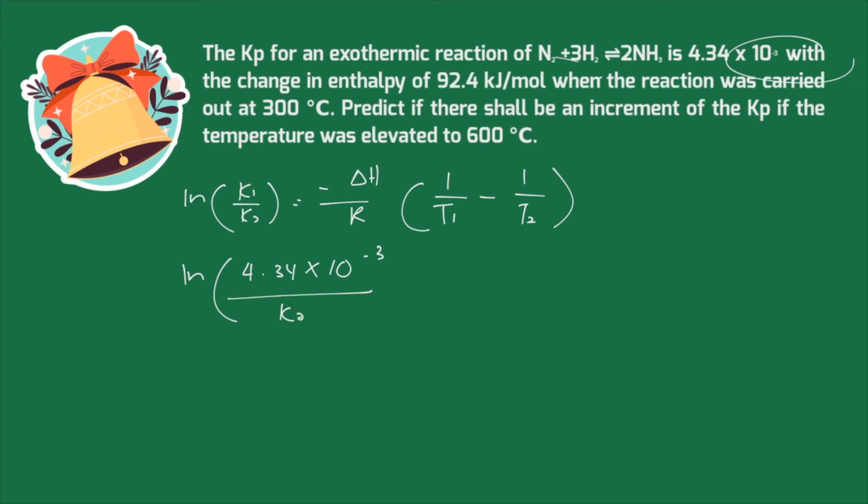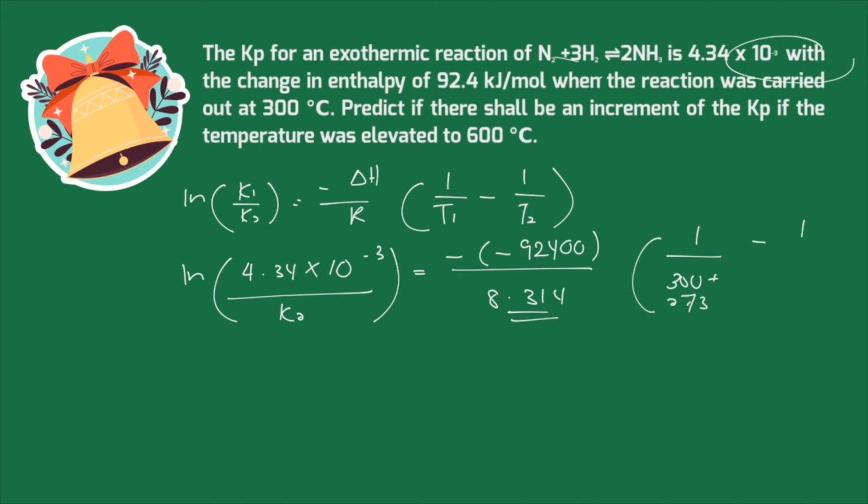K2 is the one that you want to calculate, equivalent to negative, your delta H is negative 92400 and your R is 8.314, and the initial temperature is 300, but this one is in Kelvin, right? Your R is in Kelvin as well, so plus 273, minus 1 over final temperature, which is 600. Again, you need to convert to Kelvin, plus 273, right?